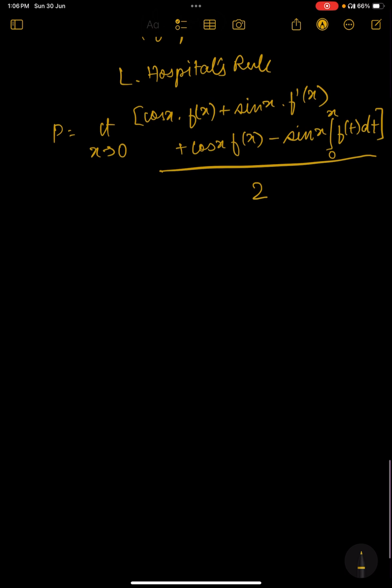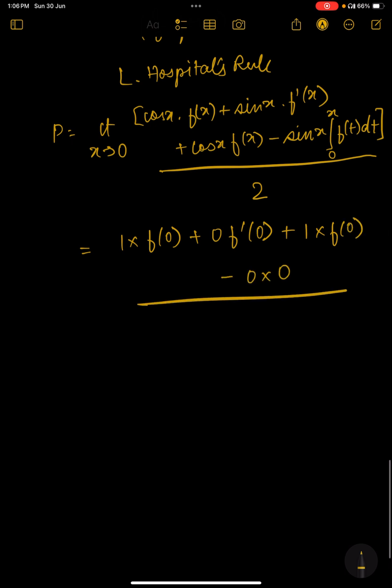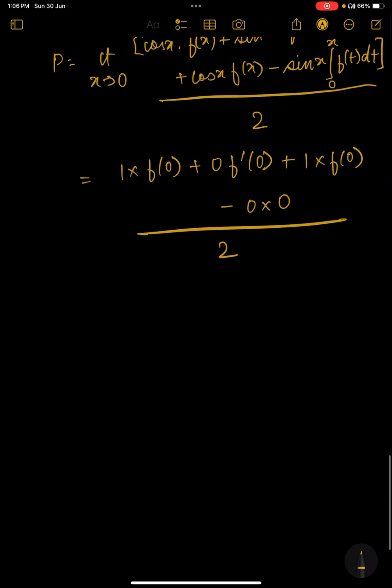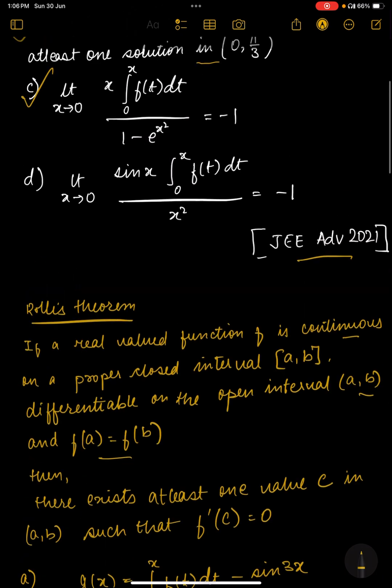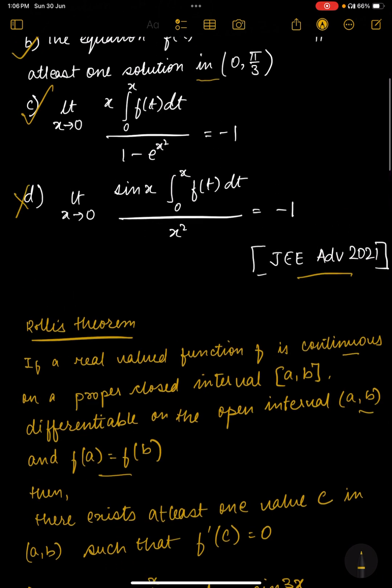Now, when we apply the limit, what we see is 1 into f of 0 plus 0 into f dash of 0 plus 1 into f of 0 minus 0 into 0, divided by 2. This gives us nothing but 1 plus 1 divided by 2, which is equal to 1. So this is plus 1. And the option given to us says that this limit is equal to minus 1. So option D is incorrect.